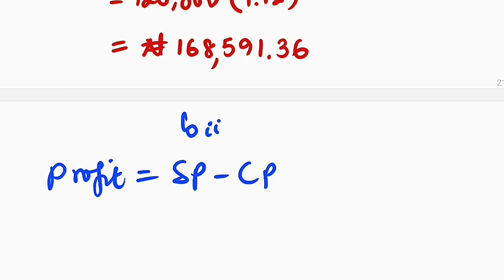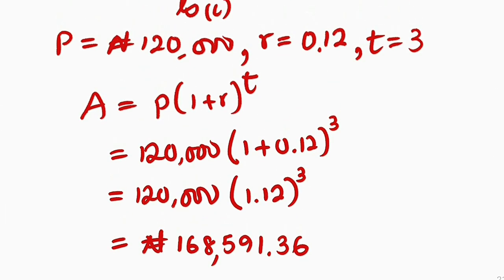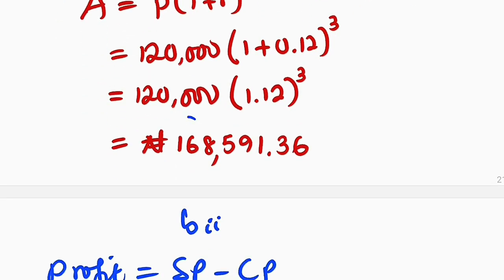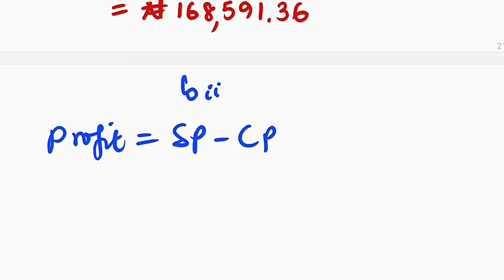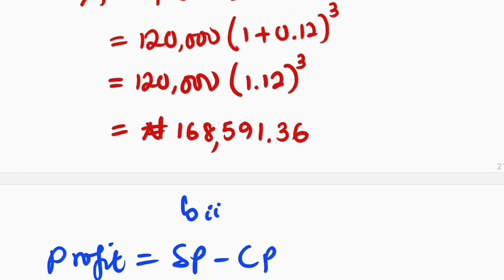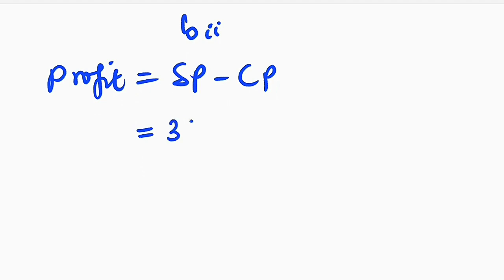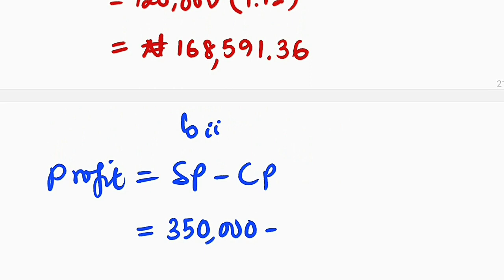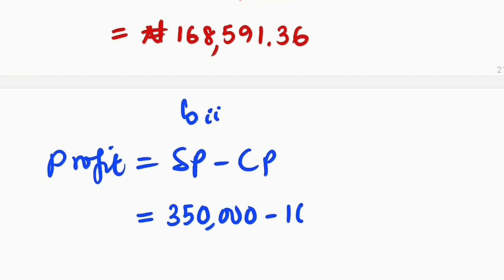But you should know that we are not going to use 120,000 because this is exactly what he paid, right? So we are going to include this one. So the selling price is 350,000 minus the cost price, which is 168,591.36.